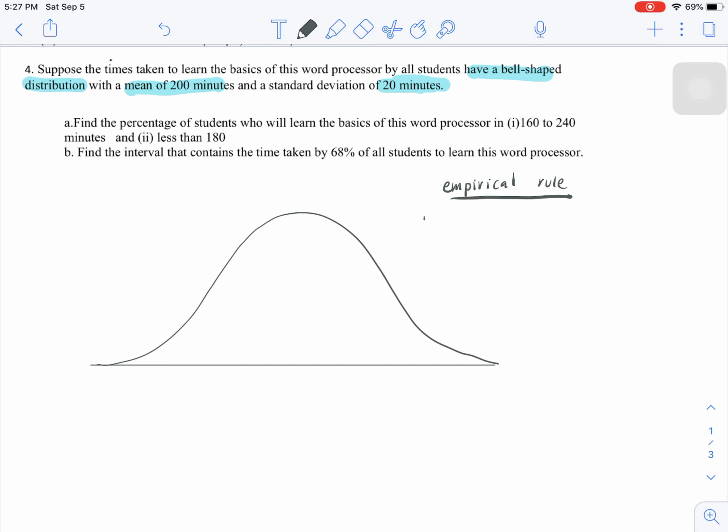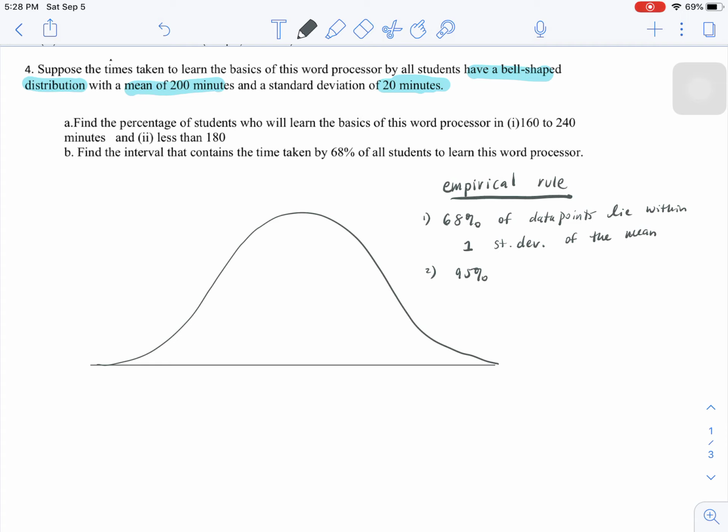The empirical rule says that 68% of data points or observations lie within one standard deviation of the mean. So 68% of data is within one standard deviation of the mean.